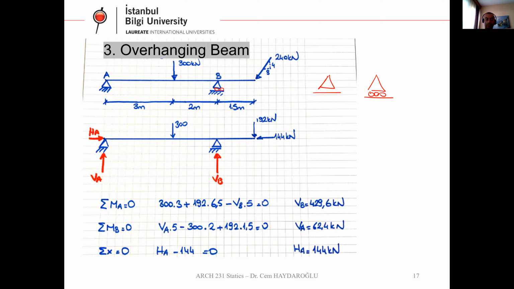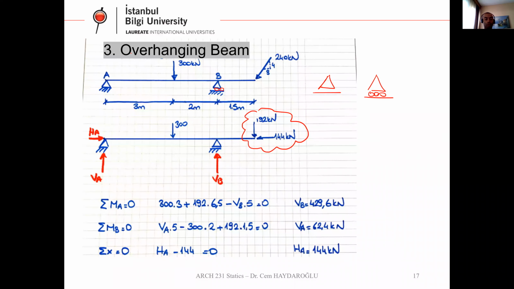So if we resolve this 240 kilonewton here, we have vertical and horizontal components. And for the left hand support, you can see we have a pin support. So that means we have two unknowns, horizontal A and vertical A.